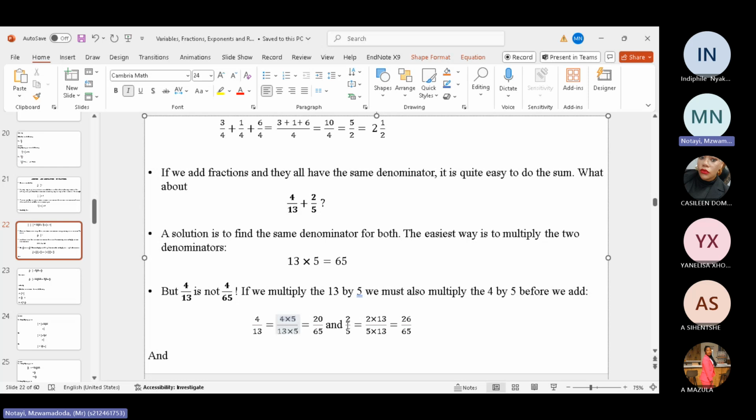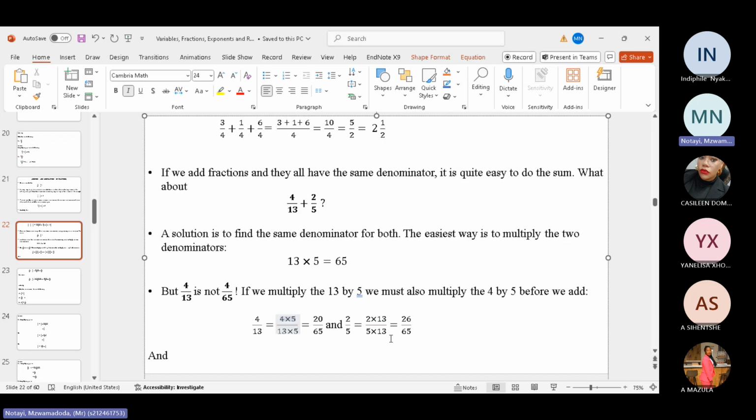And if we go to the second fraction, we have 2 divided by 5, which is equal to 2 times 13 divided by 5 times 13. So it's equal to 26 divided by 65. So now these two fractions have the same denominator of 65.